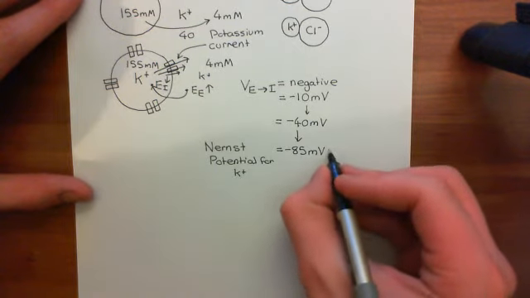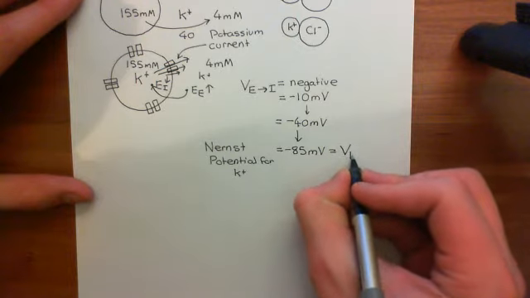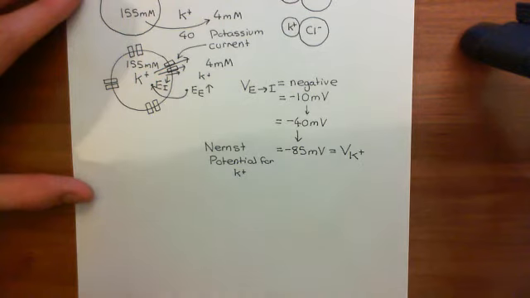And it's often given the symbol V for electrical potential difference or voltage, and then K plus there to remind us that it's the electrical potential difference across the cell membrane at which there is no net movement of potassium across the cell membrane.